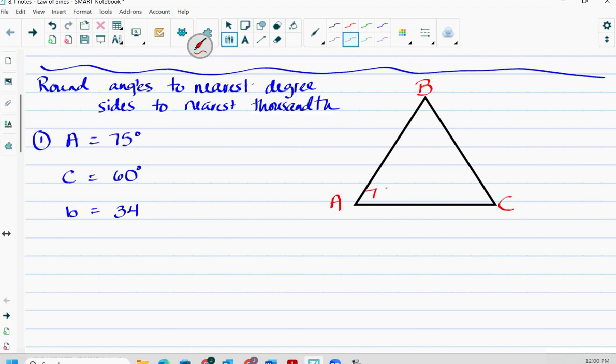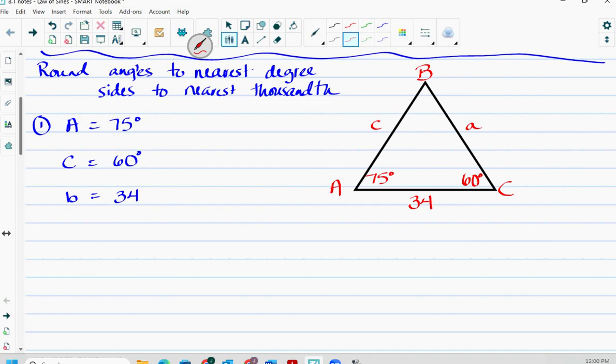So angle A, I know, is 75 degrees. Angle C is 60, and side B is 34. So we're trying to find all those missing parts. So angle B, side A, and side C.